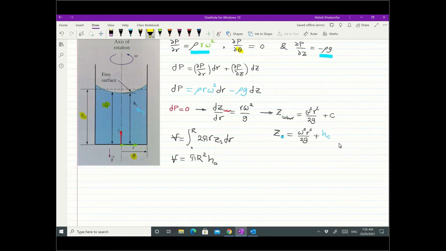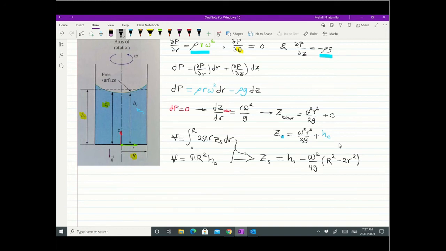If you integrate the first one and set the volume equal to pi r squared ho, we get this formula: Zs is equal to the initial height minus omega squared divided by 4g times (r squared minus 2r squared).